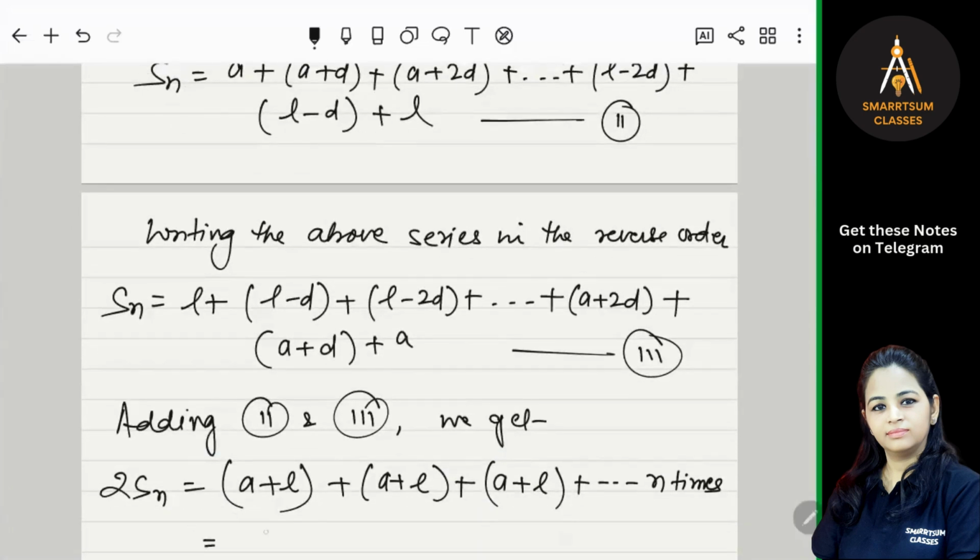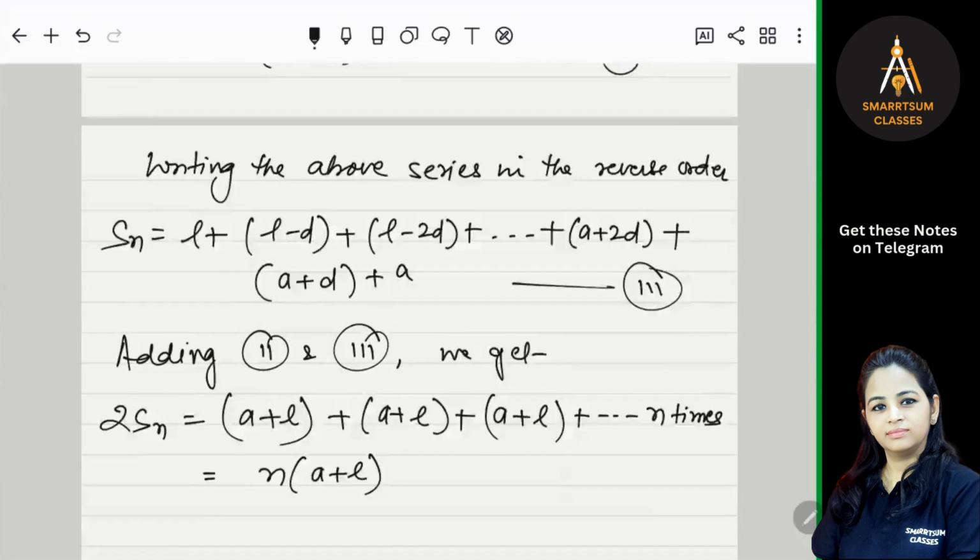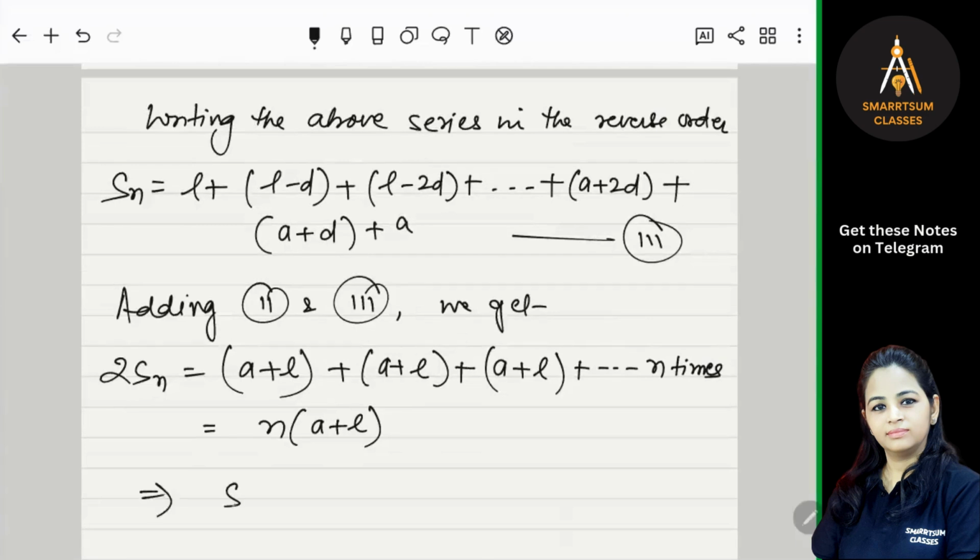So this is equal to n times (A plus L). Therefore we can say that Sn will be equal to n by 2 (A plus L).